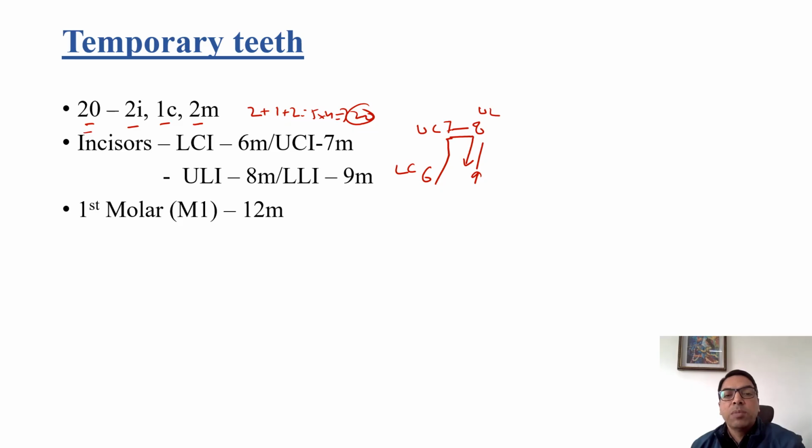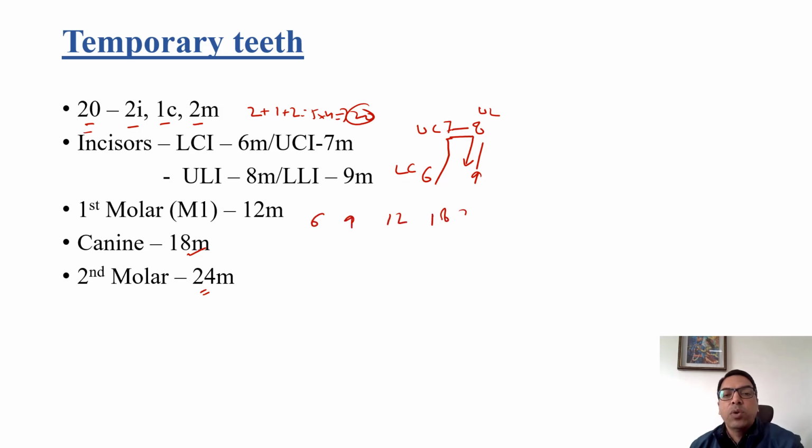Then after 9 months, the next tooth is the first molar. First molar appears at the age of 12 months or 1 year. Next is canine by the age of 18 months, followed by second molar by 24 months. So the important numbers here are 6, 9, 12, 18 and 24.